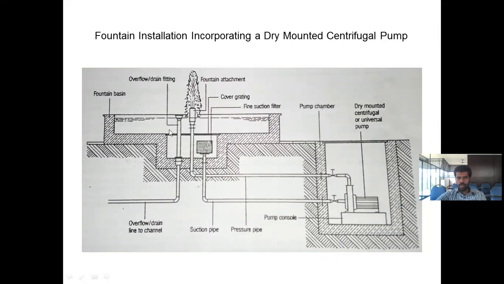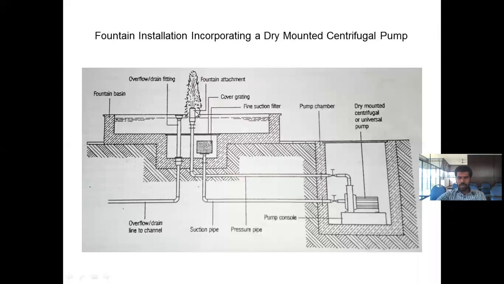If you want to drain, you can also drain through this pipe. It will be attached with a valve, and if you open that valve, you can drain it off. As well, if there is some overflow, the overflow water can be taken through this.